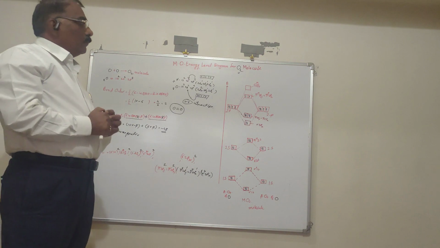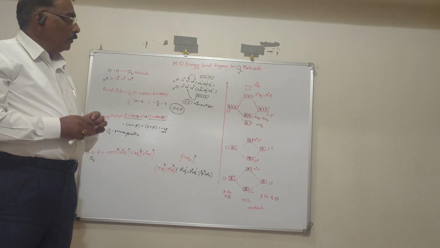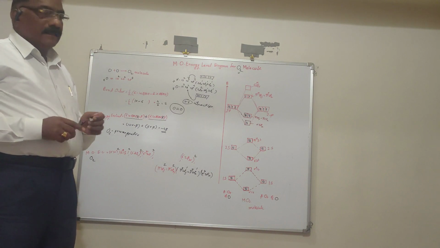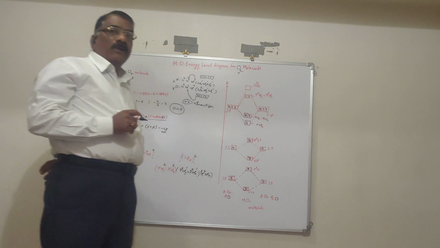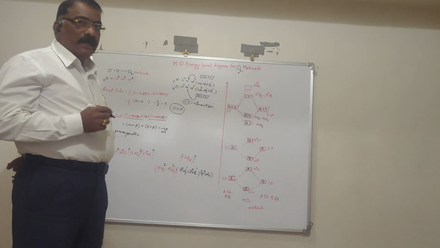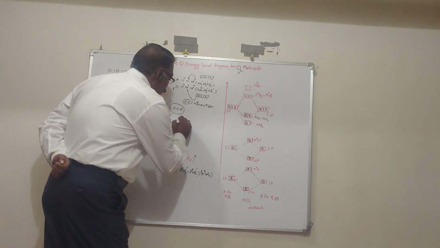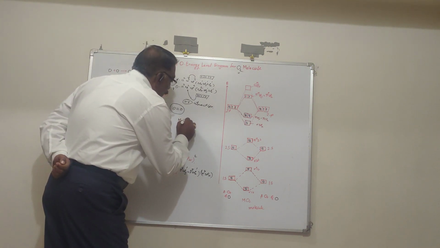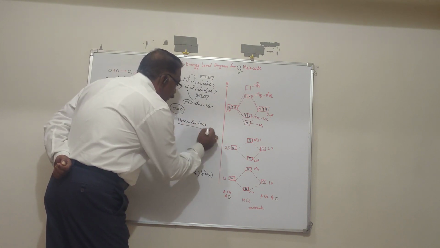When we consider the O2 molecule, its paramagnetic nature is important, and at the same time, this O2 molecule can form different molecular ions. Which are those molecular ions?